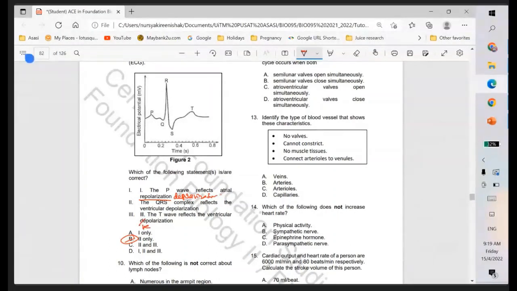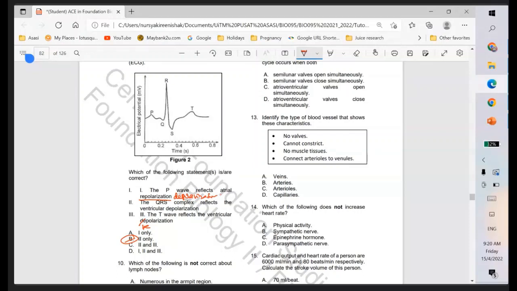Okay. What do you understand by statement 1? Kenapa awak boleh cakap yang ni statement ni salah, supposed to be depolarization? Why? Tak apa, pergi kat Mawar dulu. Okay, saya explain kat sini, why number one, the P waves reflects repolarization.